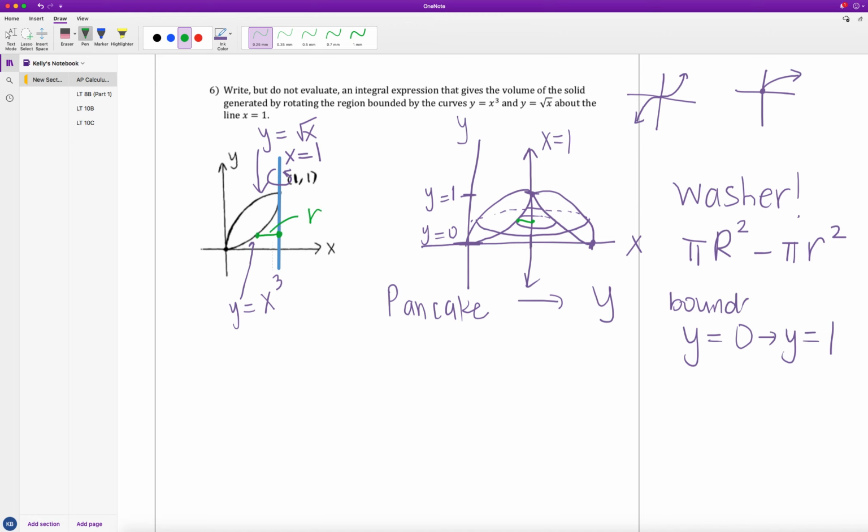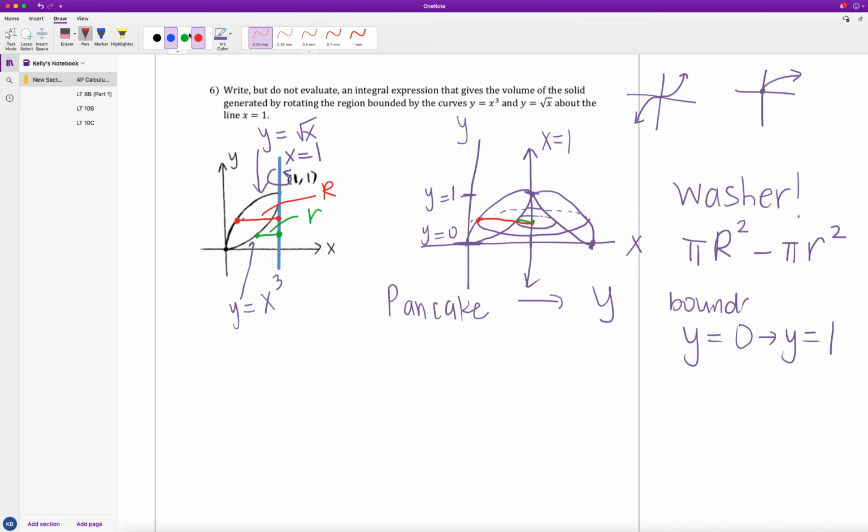So that green curve right there is my little radius. Now I can do the same thing to get my big radius. I start at the axis of revolution and I go all the way out to the furthest curve. So on the two-dimensional graph, it means I'm starting at the axis of revolution, going past the first curve, all the way to the furthest curve out there, and that will be my capital R.